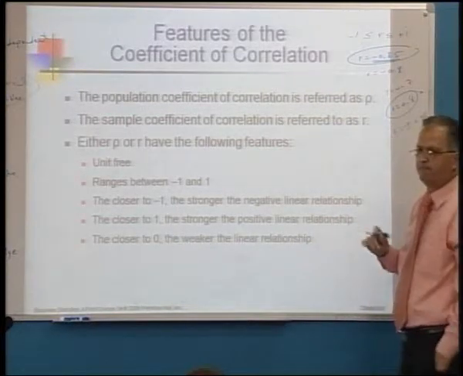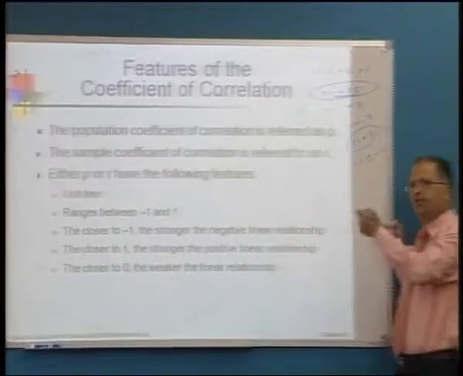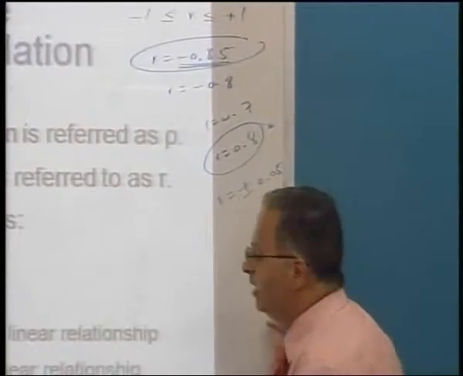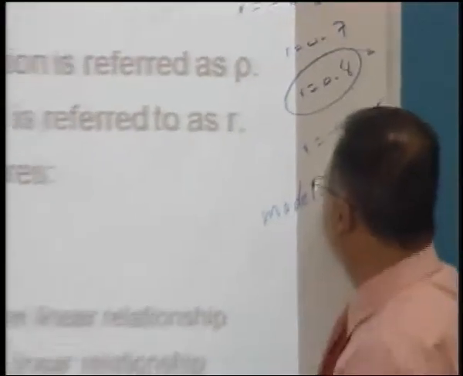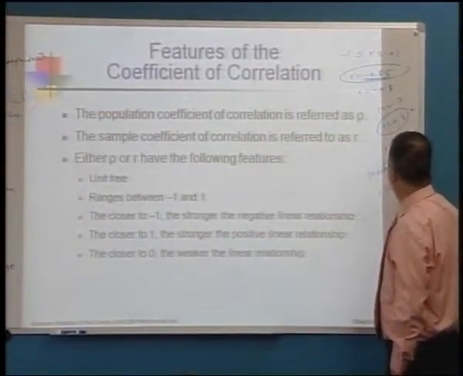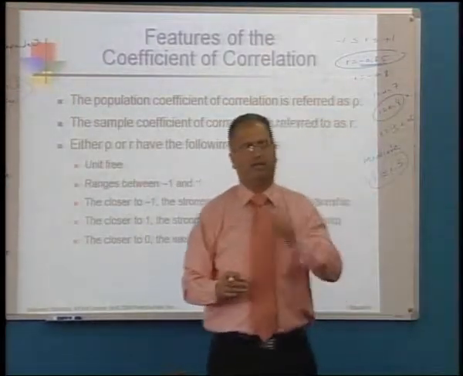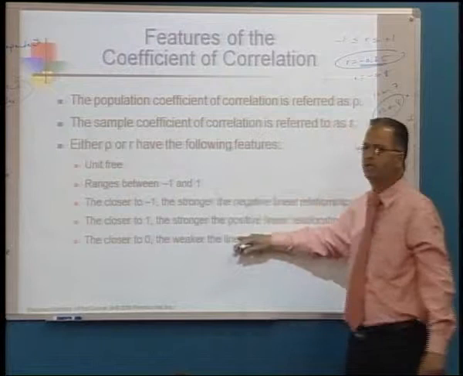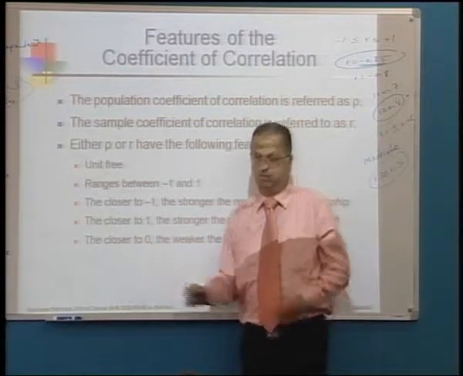This value is very close to 0. It means there exists a weak relationship. Sometimes we can say that there exists a moderate relationship if R is close to 0.5. So it could be classified into these groups: closer to -1, closer to 1, 0.5, or 0.